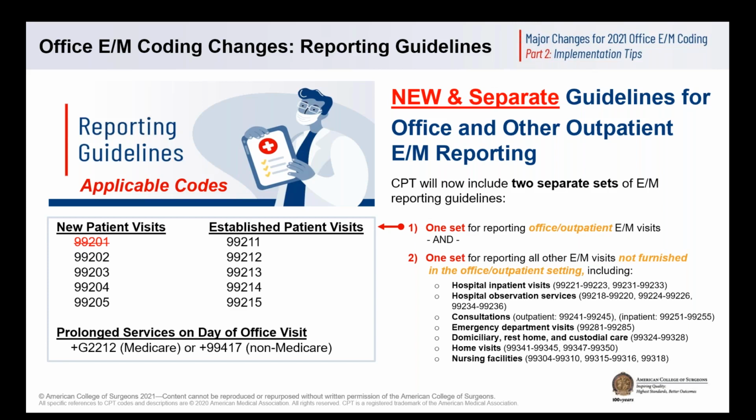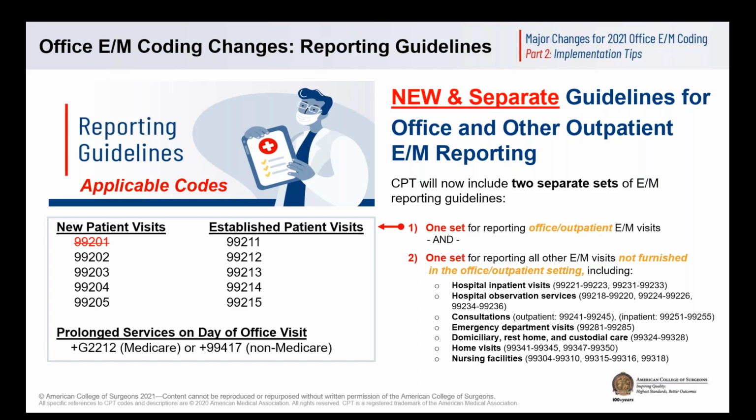So all your outpatient office visits are included, but outpatient consultations and emergency room department visits aren't. All the hospital inpatient and observation services, home care, nursing facilities, those things are yet to be resolved.